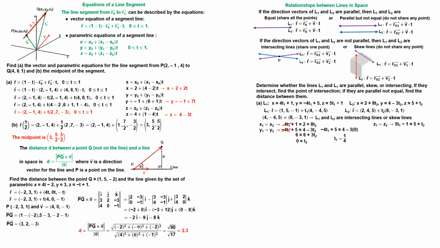We now check whether these values satisfy the third equation. Substitution into the third equation, however, yields a contradiction, so these values don't satisfy the third equation. Since there is no single point that satisfies the parametric equations, these lines do not intersect, so they are skew.